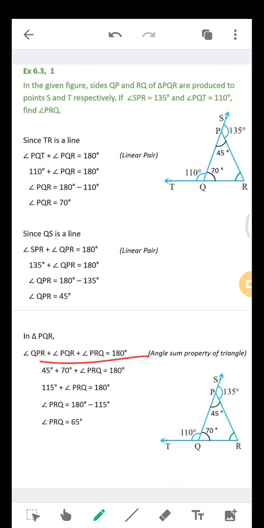So we'll substitute the values. QPR is 45, PQR is 70, and PRQ is unknown, we have to find it. So 45 plus 70 gives you 115, and 180 minus 115 is 65. So PRQ is 65 degrees. So this is the way we can find the missing angle.